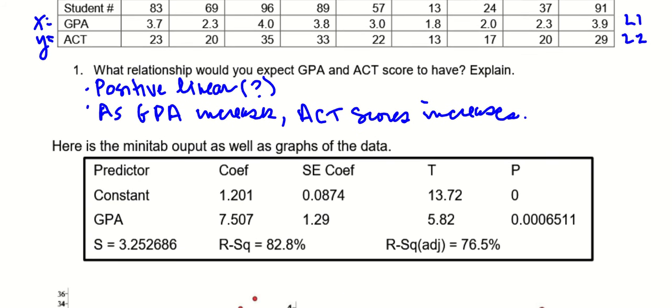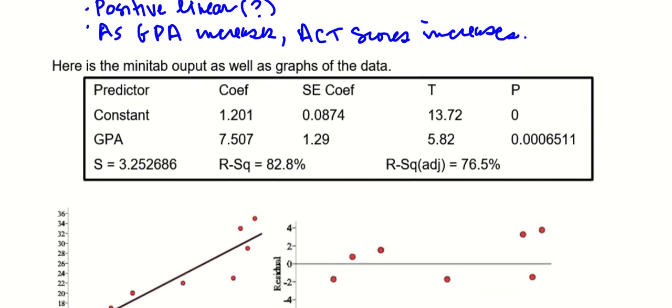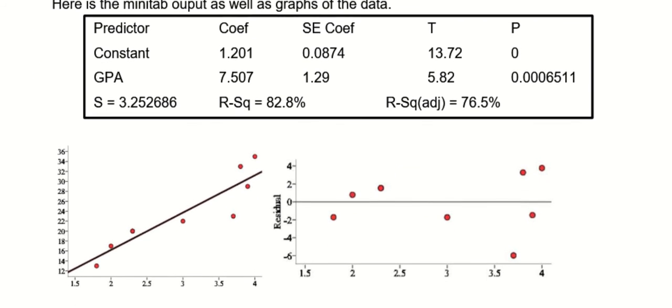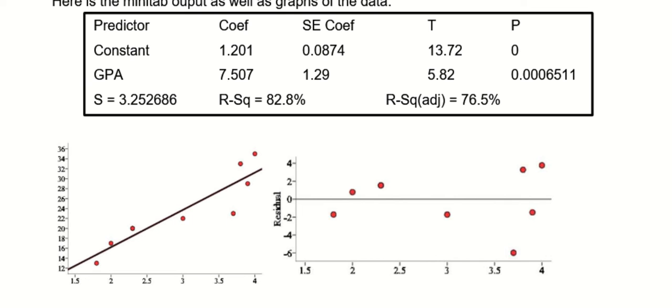So here we go. We have a Minitab output as well as graphs of our data. So as we look at this, our predictor is our X variable. So X is our GPA. Its coefficient would be our slope. So that's our B1. The coefficient of our constant would be our y-intercept. So that's our B sub 0. We have the standard error coefficient.